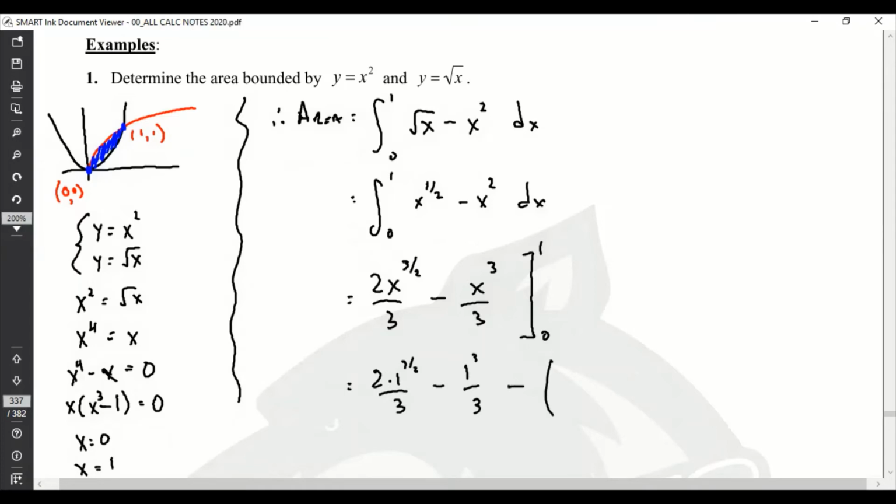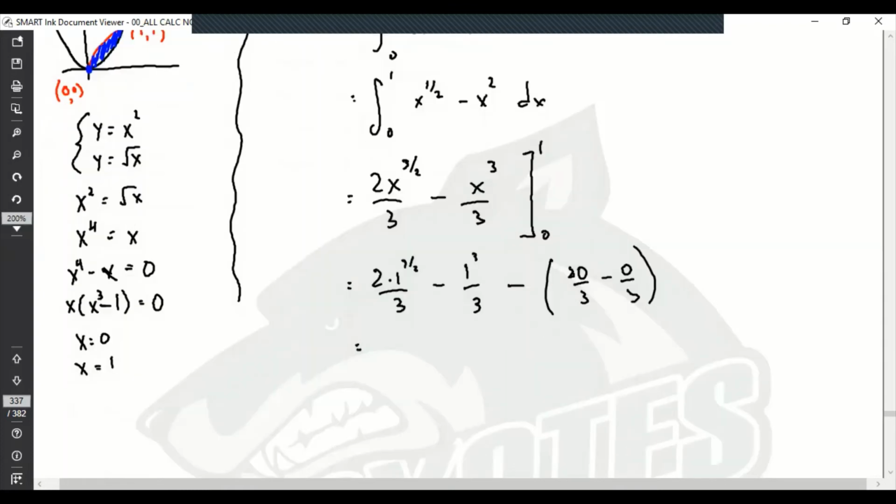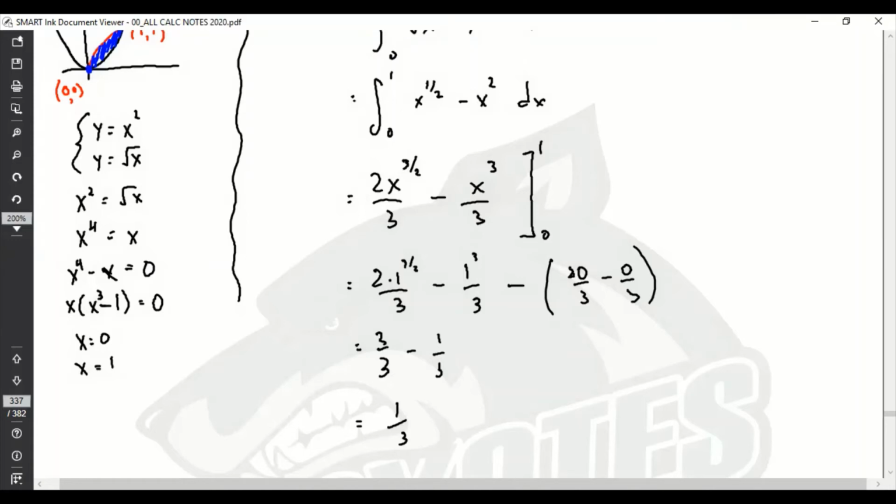Subtract, and then this one will be nice and easy. This will just be 0. And we end up with 2/3 minus 1/3, which is 1/3.